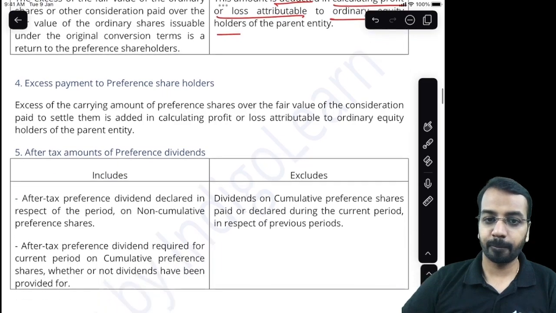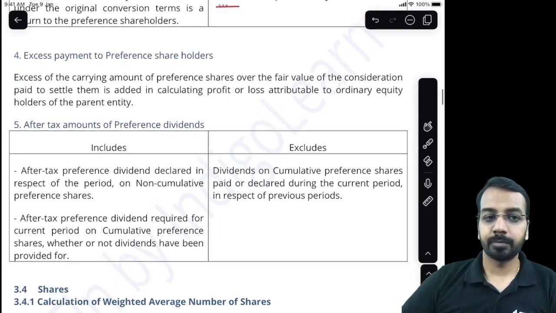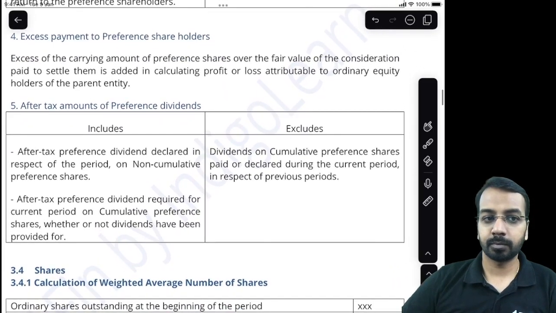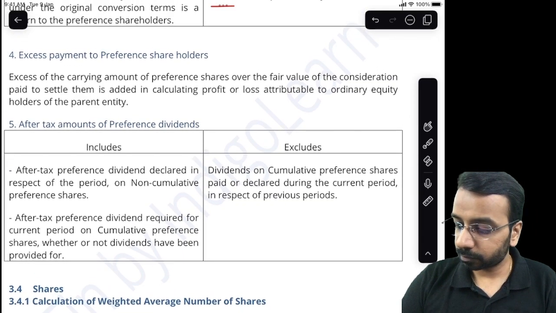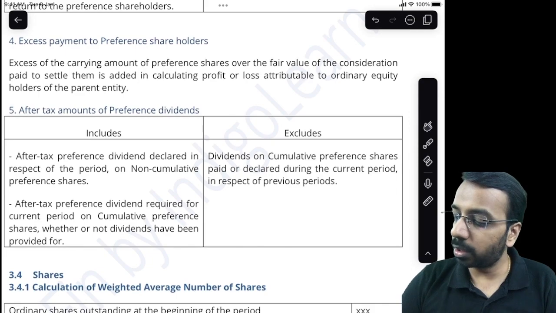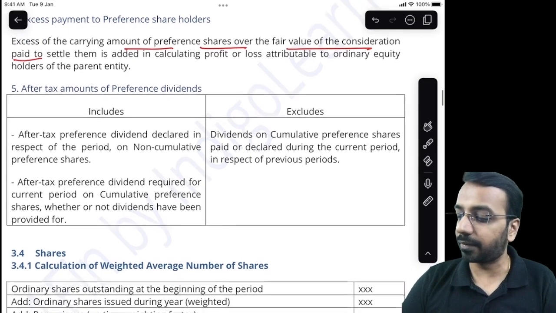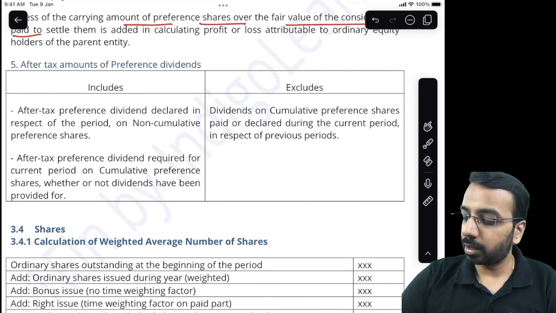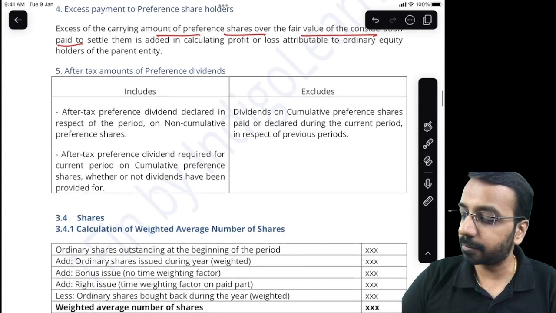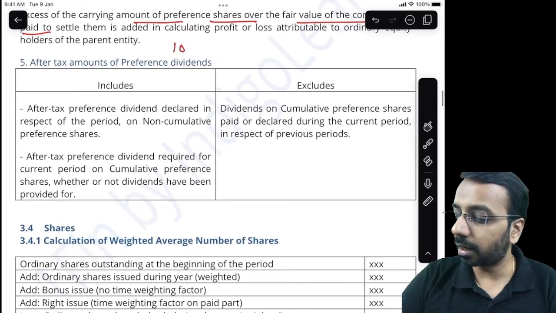Then sometimes what happens is, there is a difference between the carrying amount of the preference shares and the fair value of consideration. For example, the carrying amount of the preference shares is 100, and the fair value of consideration is 90.